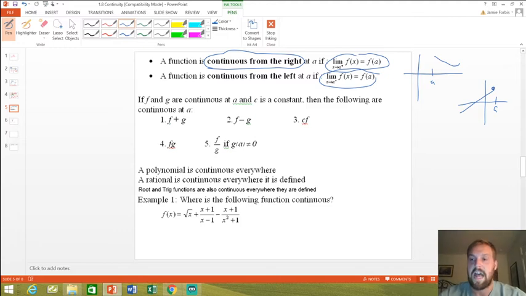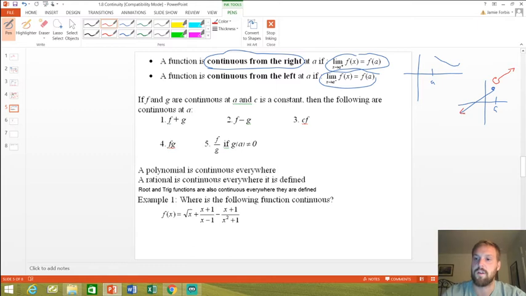Okay. So I've seen questions in the past where they'll give you an example. Let's stick with the example right here. They'll give you this graph right here, and they'll ask, is it continuous at a? And you might say no. And they'll say, is it continuous from the left? Is it continuous from the right?